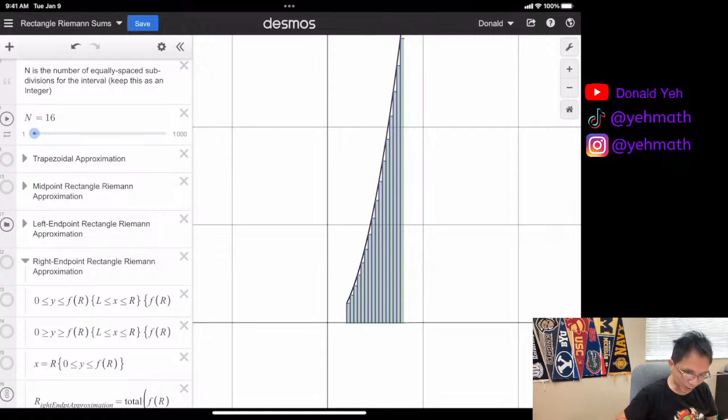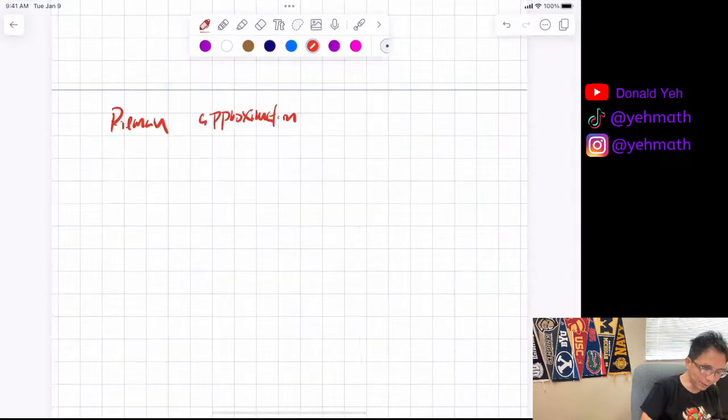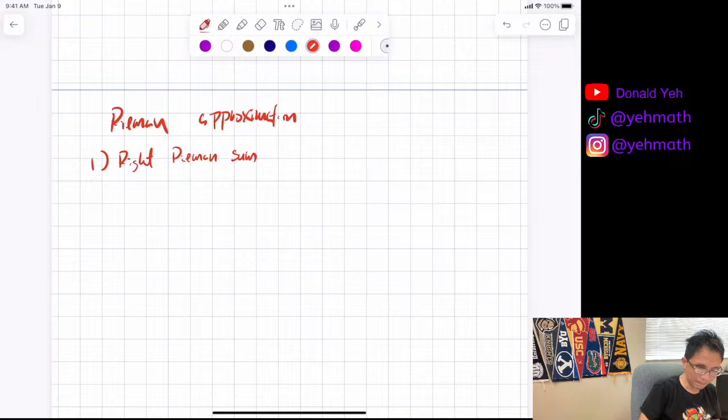So let's talk about approximations. There are a few types of approximation. First, the right Riemann sum. Second, the left Riemann sum. Third, the midpoint rule.